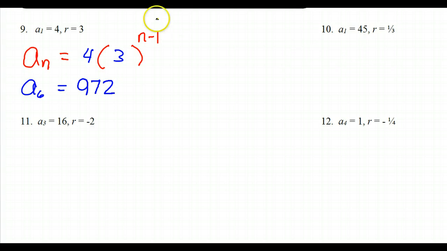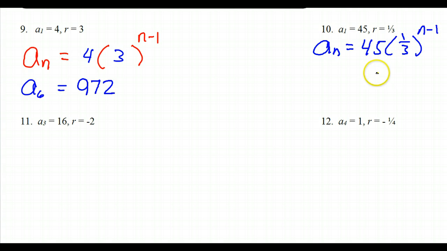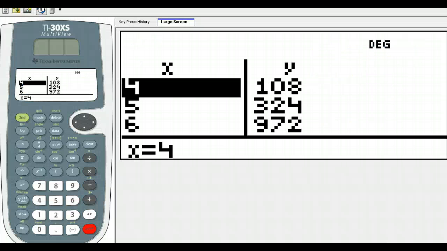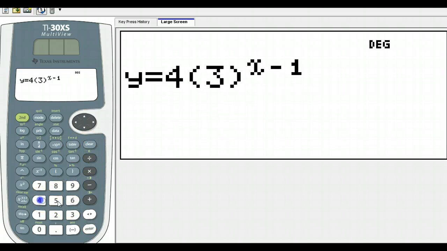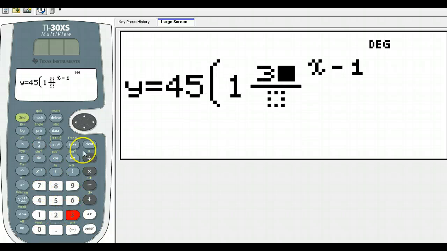Okay, and it's the same thing really for number 10. The rule should be the first term, which is 45, times the common ratio to the n minus 1 power. And again, to find the sixth term, we will just put this in the calculator. Okay, so it's 45 times 1/3.